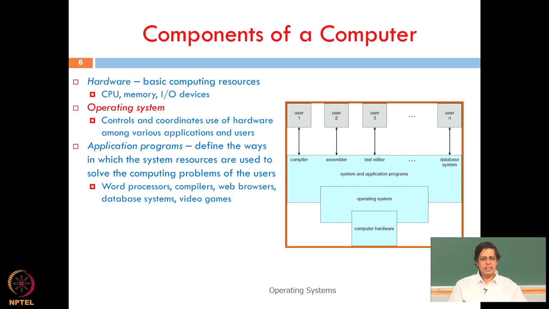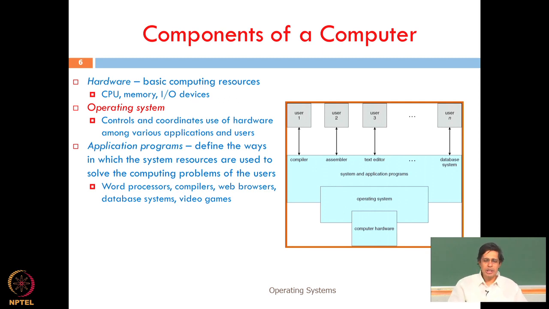Now, if you look at the components of a computer, we basically have the computer hardware, on top of it executes the operating system, and on top of the operating system we have system and application programs. The system and application programs comprise the compiler, your assembler, your text editor, database system. And then on top of this there are the users who use all these things.